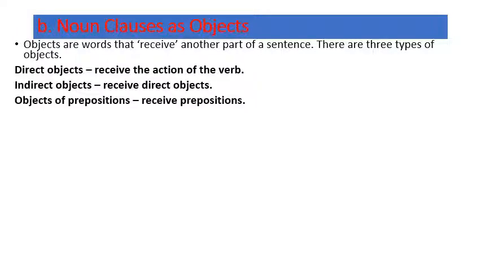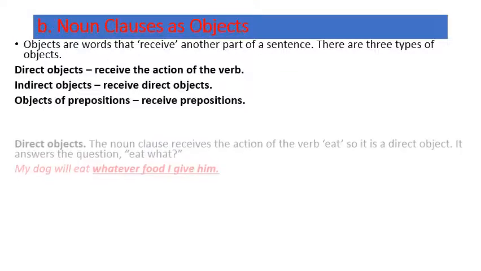And we also have the object of a preposition, which comes after the preposition. Let's give sentences for each type. Here, the noun clause can occupy the position of direct object, indirect object, or object of a preposition.